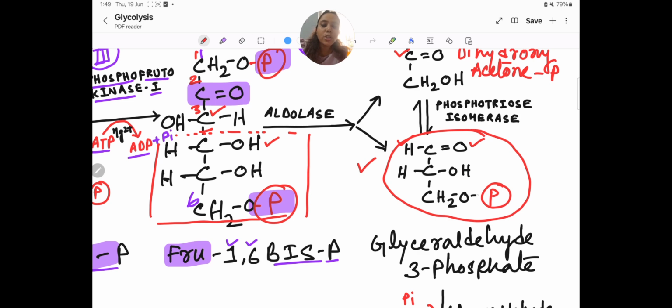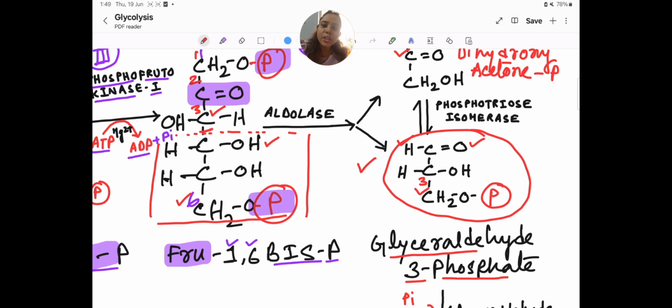HOH and CH2OP remain the same. The phosphate group is attached to its third carbon, and this structure is similar to glycerol.